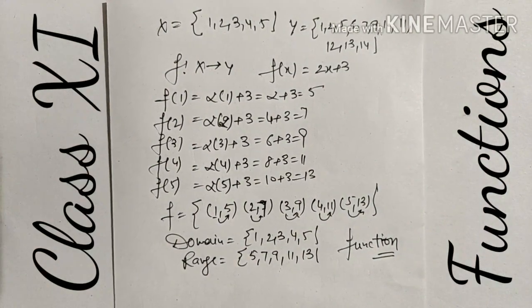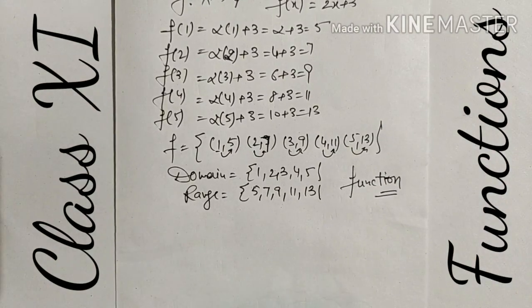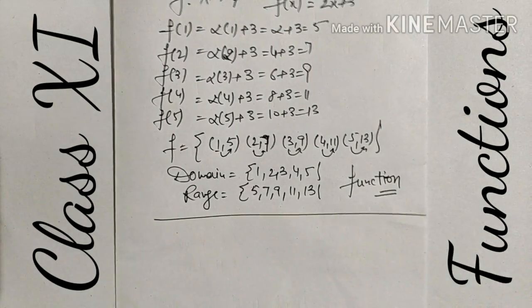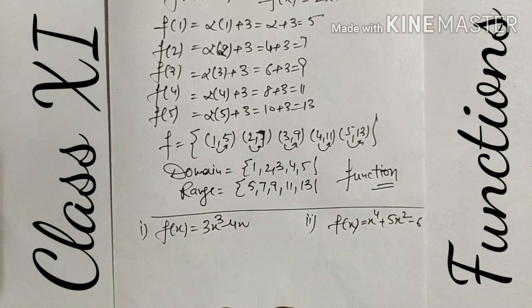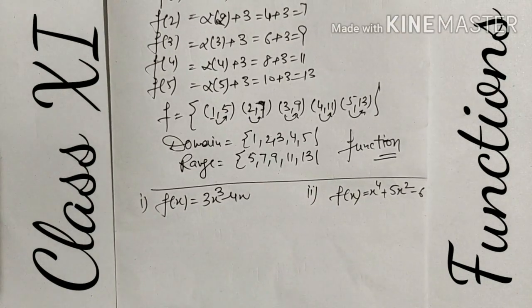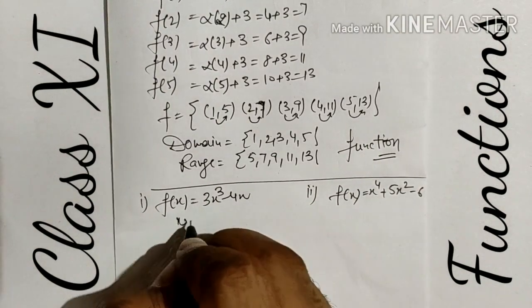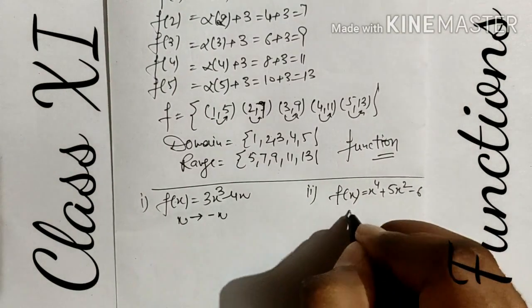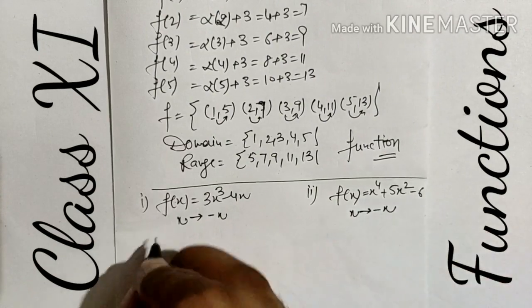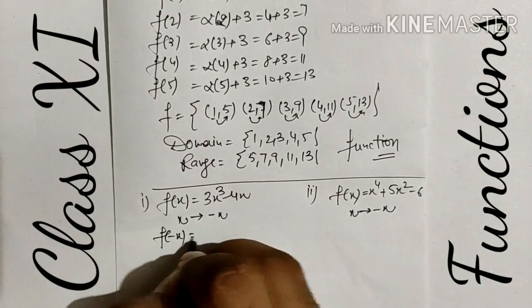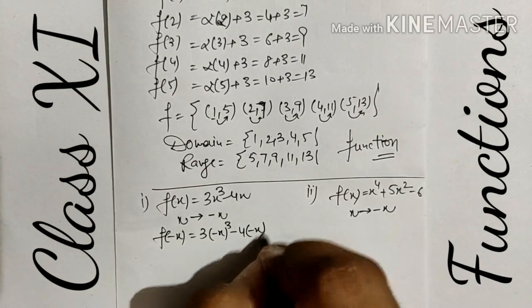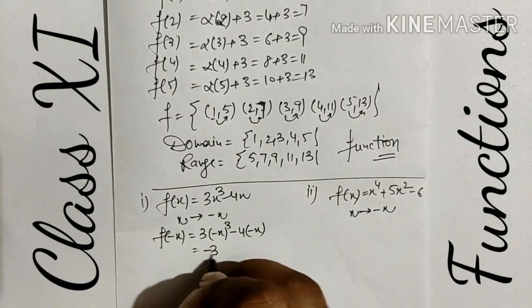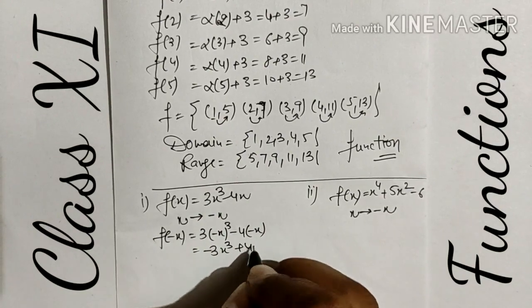We are taking more examples. Now how can we check for an odd function and an even function? We are taking two examples here. Now the rule: if we replace x by minus x in both cases, f of minus x is equal to 3 times cube of minus x minus 4 times minus x. The cube of a minus is minus, so we get this one.